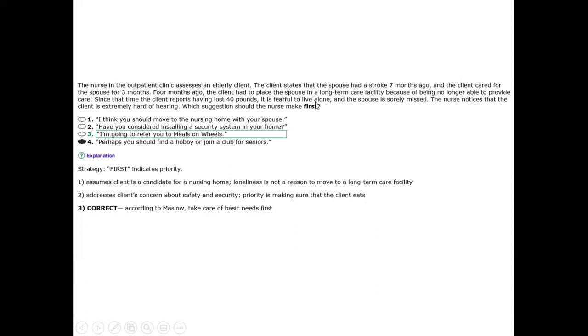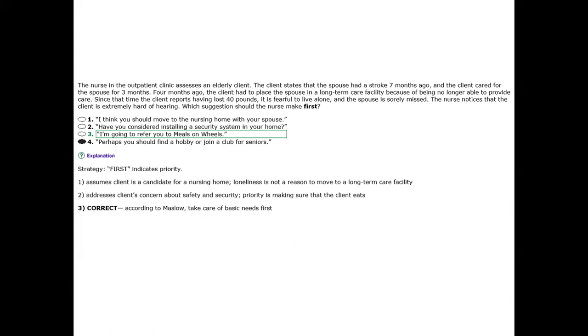And fearful to live alone, this is the security need. But a patient who loses 40 pounds means they do not eat well. Physiological need is the first priority. Survival needs are the first priority.